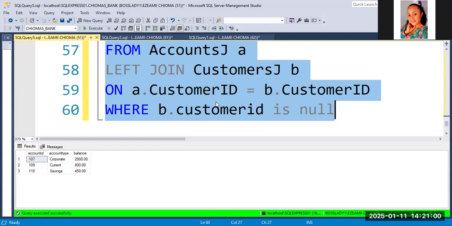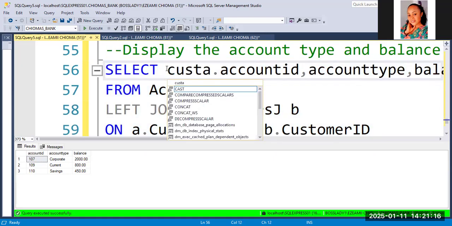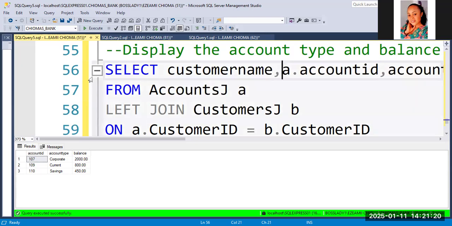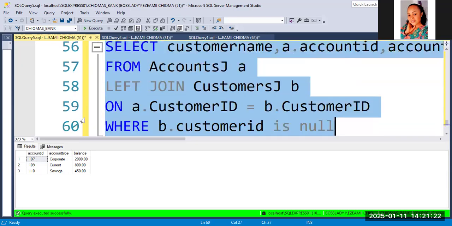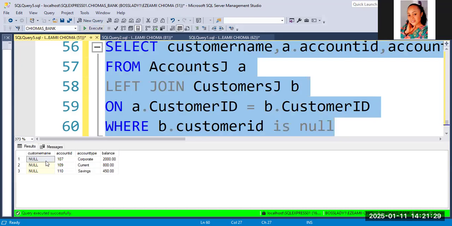So for us to check this now, these are the cost accounts that are not associated with any customer. If we output customer name, you will see that there is no customer registered for this. So let's put customer name so that you will see that our result is actually right. There are no customers associated with this account, because of our filter condition, it's only giving us the null values.